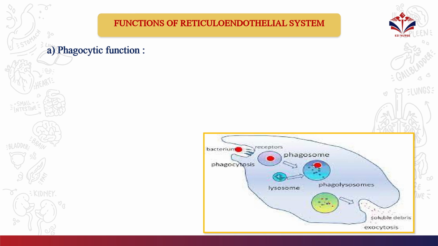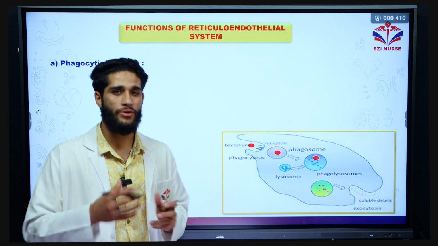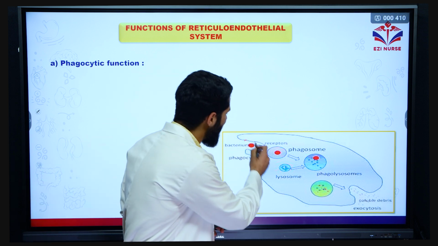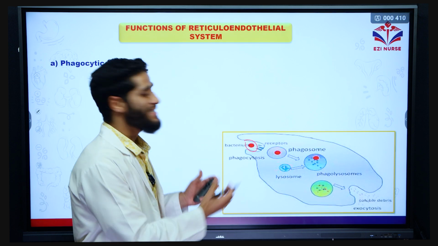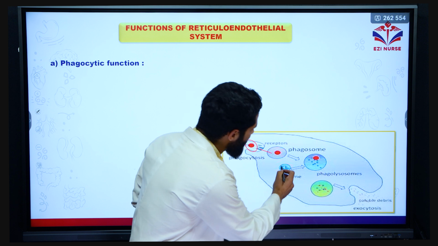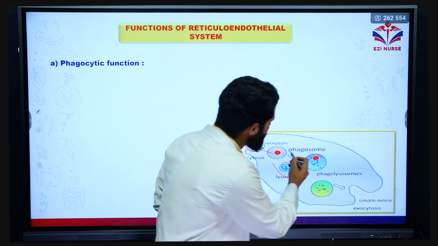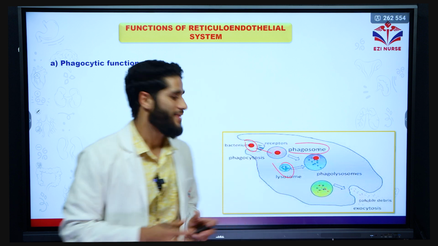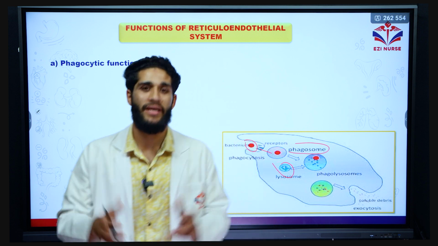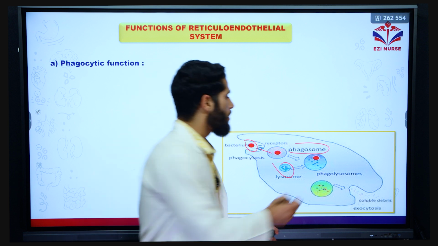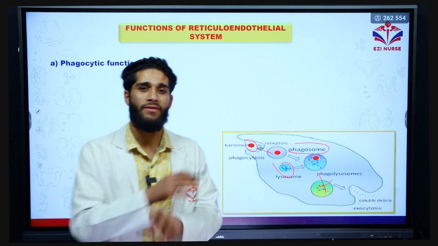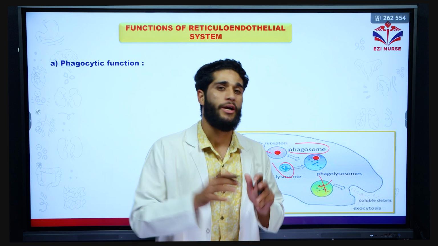So, in this process, what actually happens when the antigen enters our body in a particular area is that the macrophage is going to surround that bacteria, and then it will ingest that bacteria. As it ingests the bacteria inside, it will combine with the lysosome, and when it combines with the lysosome, it's called a phagosome. Then the lysosomes will release some bactericidal agents and some mediators, and those are going to kill and cause the lysis of this bacteria, and will disperse it into different parts.